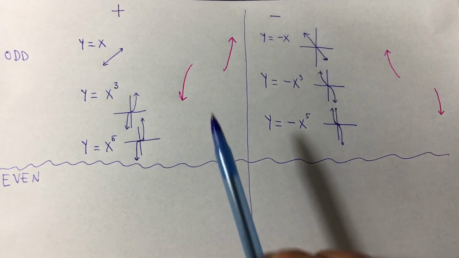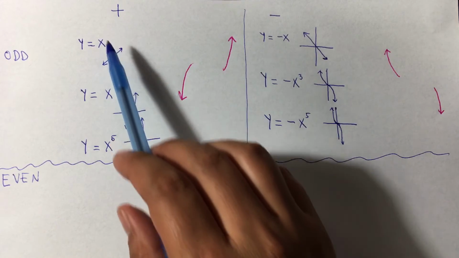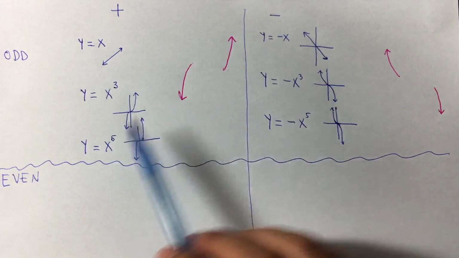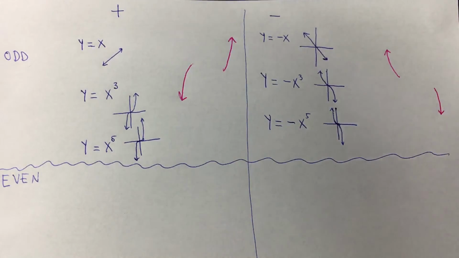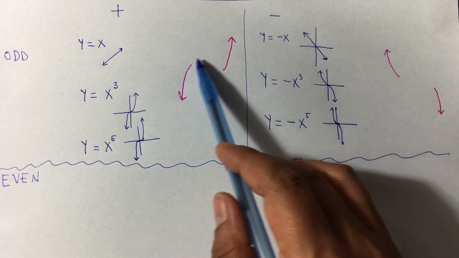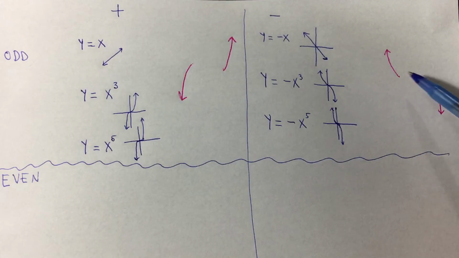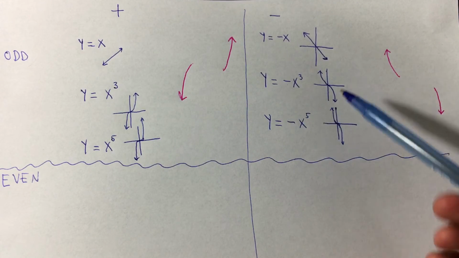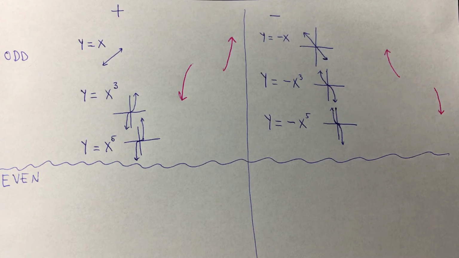It's always one hand pointing down and one up, because of the odd. If it's positive, it's kind of like a positive slope between any 2 points. If it's negative leading coefficient, negative slope between any 2 points.